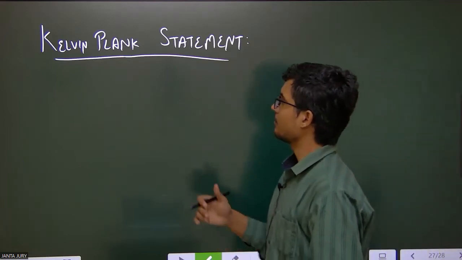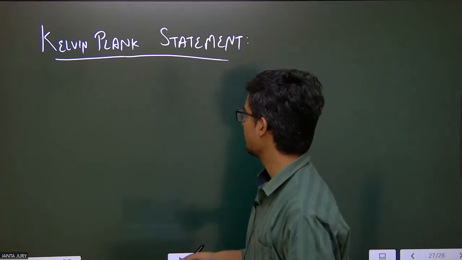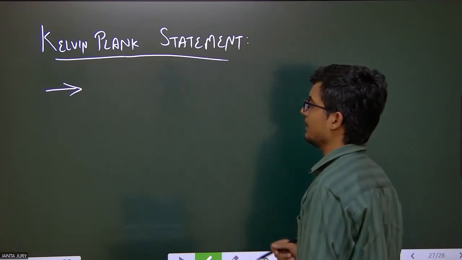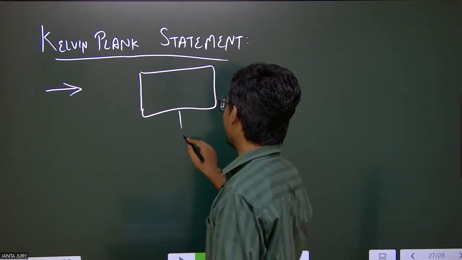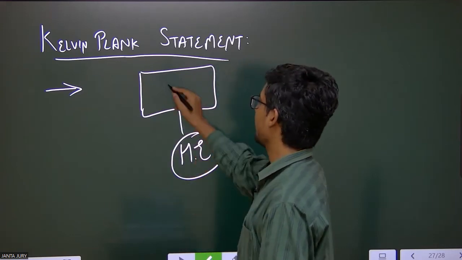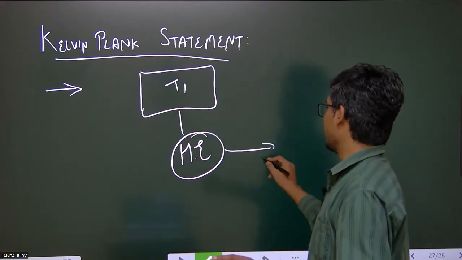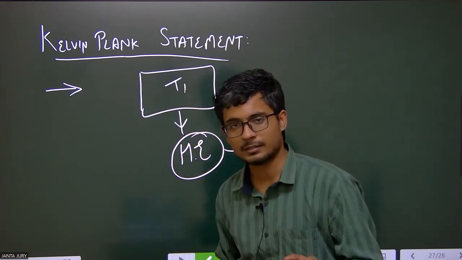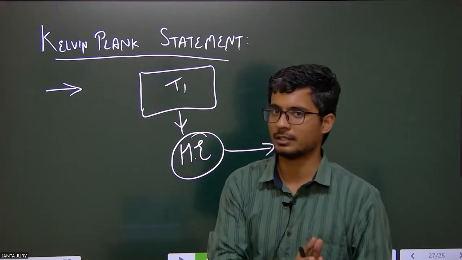Then comes an application of this second law of thermodynamics, Kelvin-Planck's statement. It states that it is impossible for a heat engine, any work-producing engine, to work with only one source of temperature. As we have understood in the second law, it's impossible to have 100% conversion of energy.